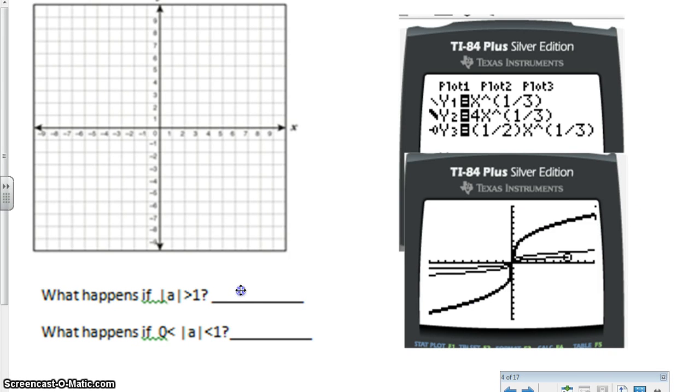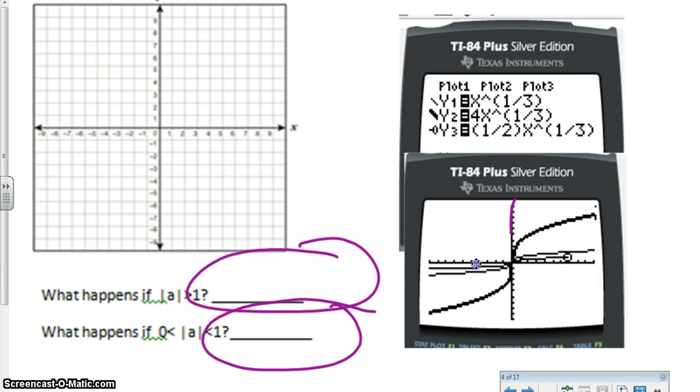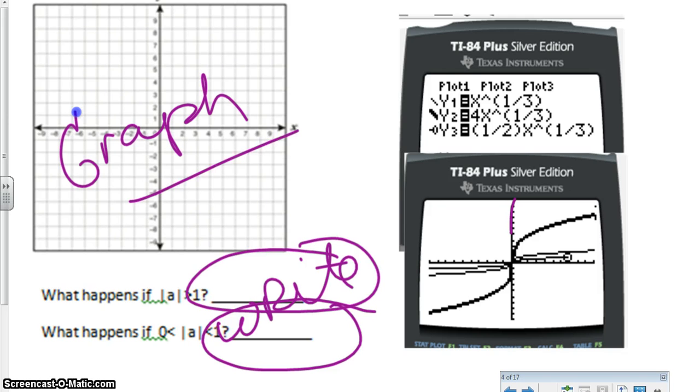That's right. This is a vertical stretch towards the y, and this is a vertical shrink towards the x. Let's make sure we write our information in here, and we also graph in our parent book. Go ahead and pause the video so you can get things done.